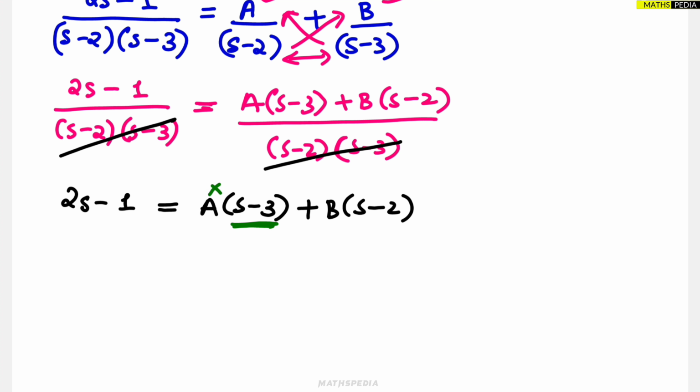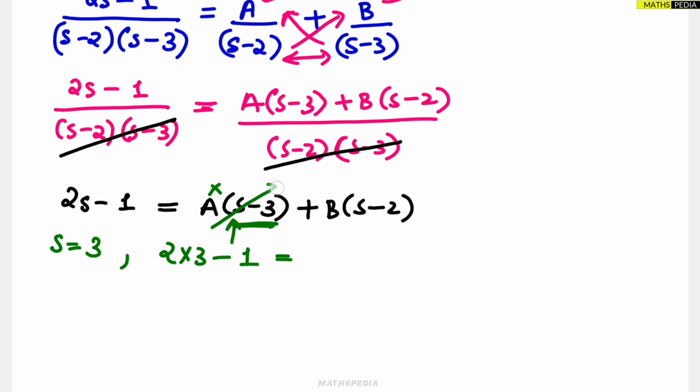For example, suppose I'll substitute s value as 3. So when I substitute here 3, so entire equation becomes what? So 2 into LHS also we have to substitute 3. So 2 into 3 minus 1 equal to, this thing is gone because it is a into s minus 3, that is 0, equal to what is left of this part. So b into 3 minus 2, which is 1, so equal to b.